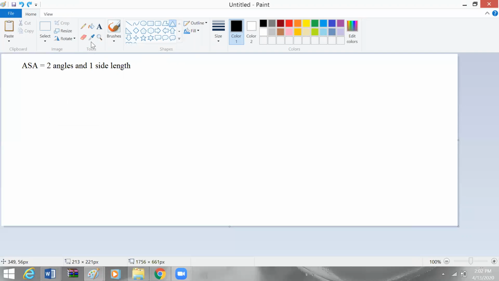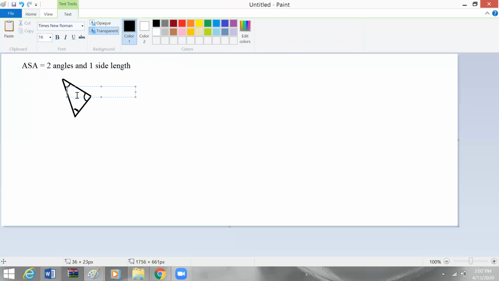So let me just redraw them. Let's say we have this side, this side, and this side. It doesn't look like a good triangle, so let me just rewrite them.